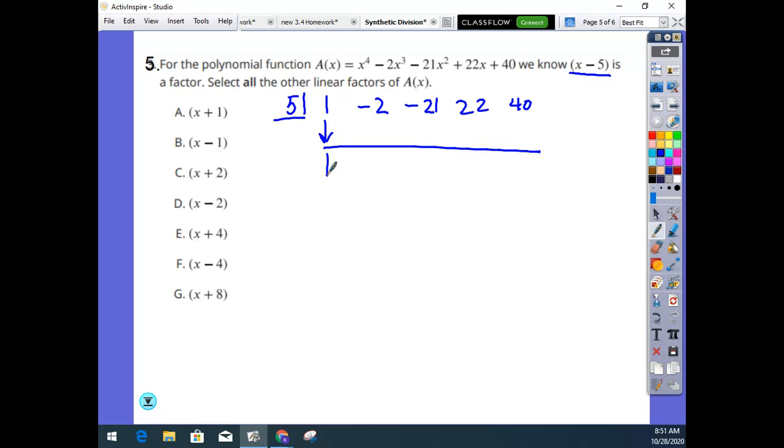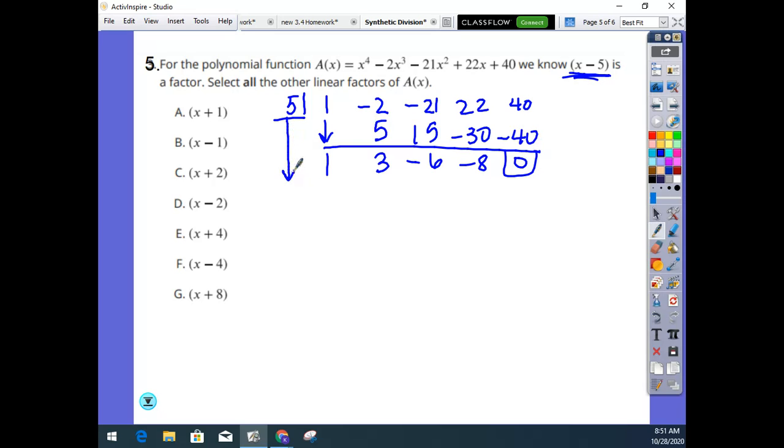So I'm going to divide out the x minus 5. And because x minus 5 is a factor, I need to get 0 at the end.